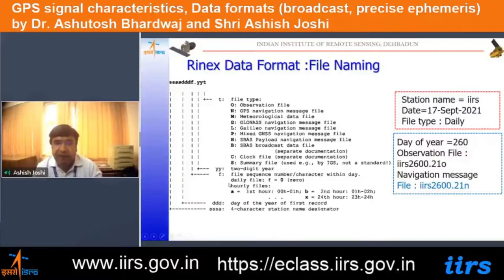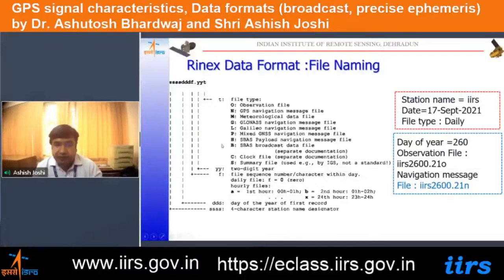After that, the F represents whether it is a daily file or an hourly file. If it is a 0 convention, then it is a daily file. Otherwise we have other conventions like A, B, X. If we are considering a daily file, meaning one file in one day, then we consider it as 0.